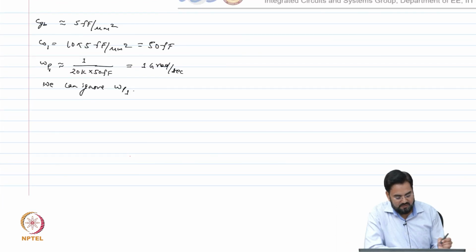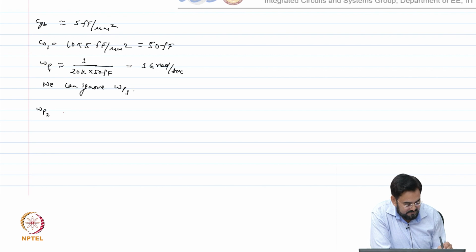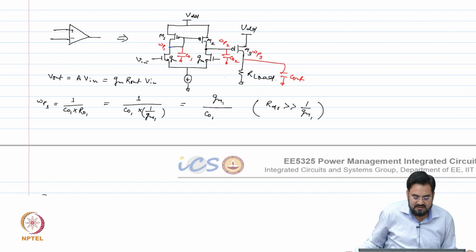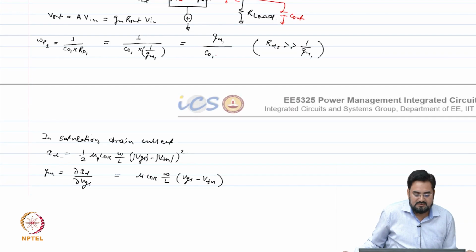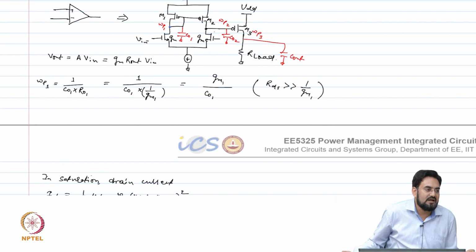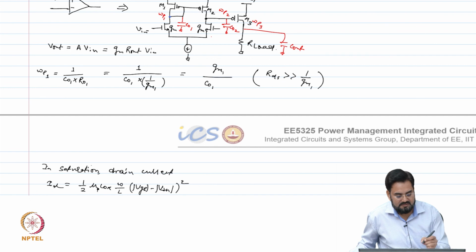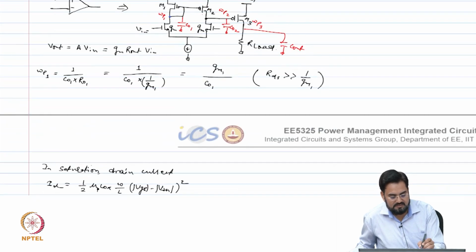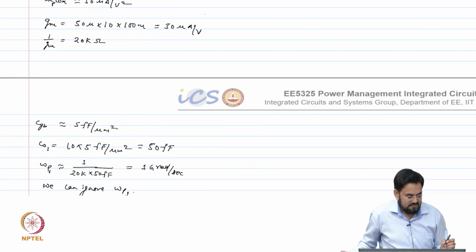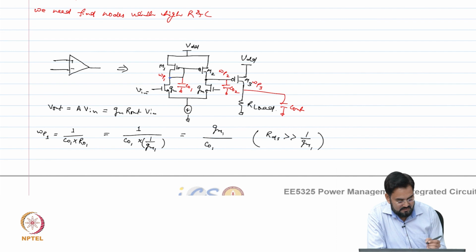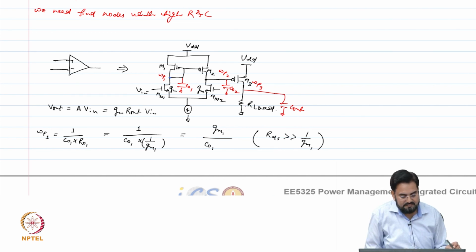Now, let us look at the second pole, omega P2. So, there is no GM term here, only R out. So, we cannot ignore R out now. So, 2 R out in parallel. If I call it Mn1, Mn2.